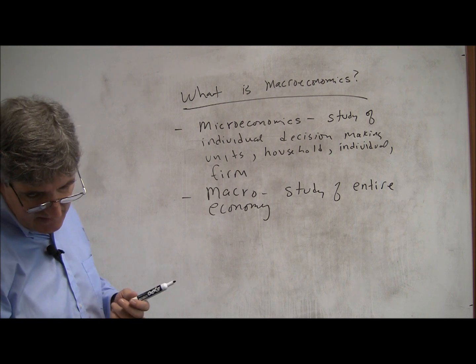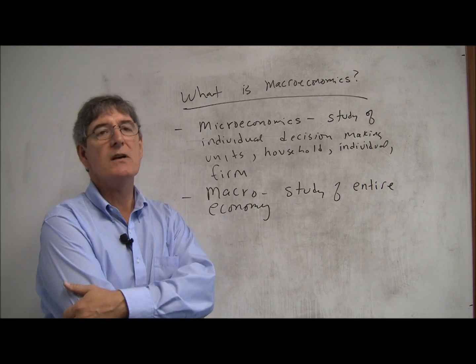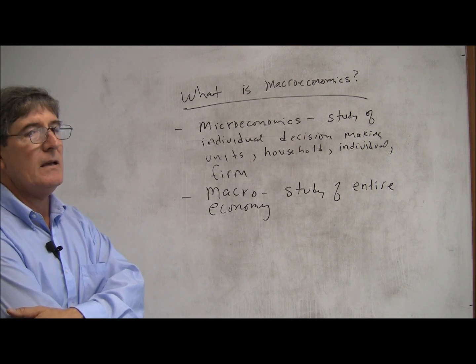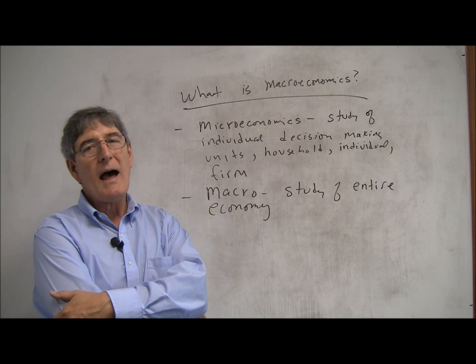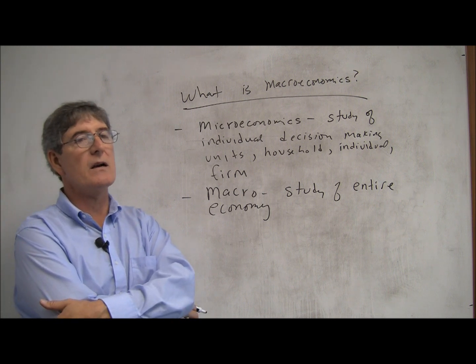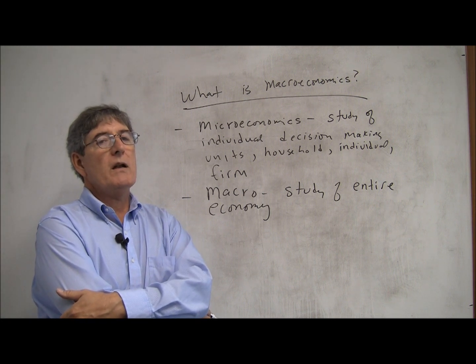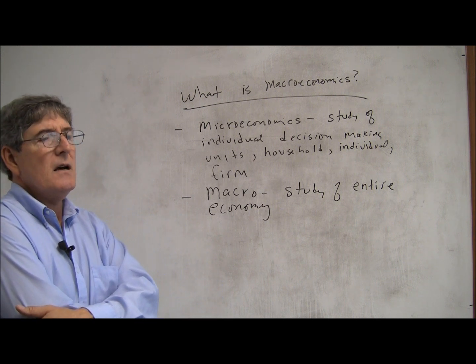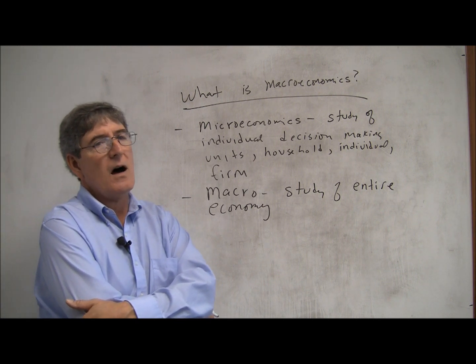And what do I mean by this level of aggregation? So we're going to look at these abstract things. We're going to look at GDP, which is the total output of goods and services in the economy. We'll define it more explicitly later. And we're going to look at the price level, and that's the average price of all goods in the economy.